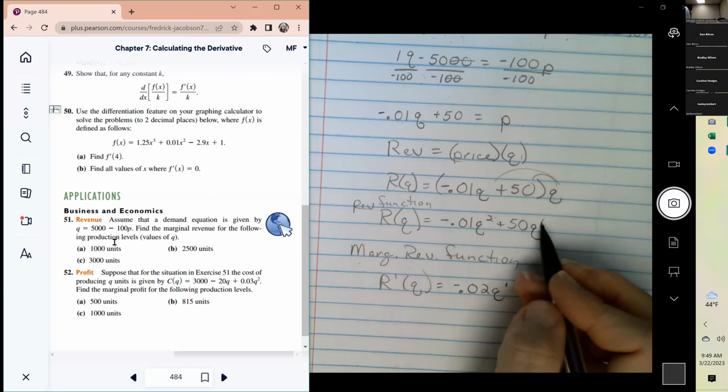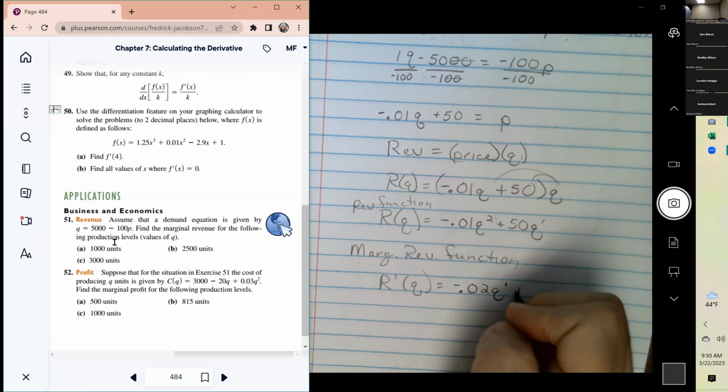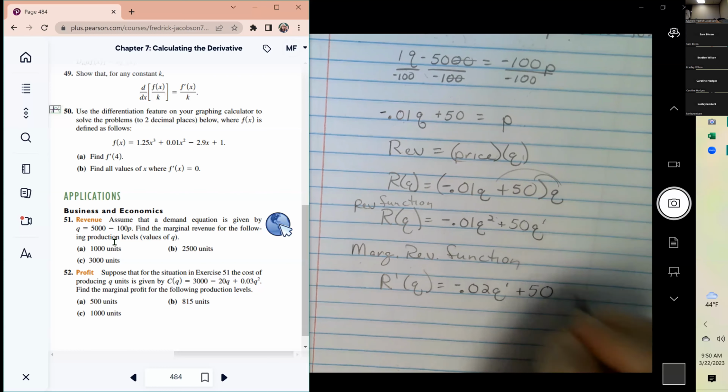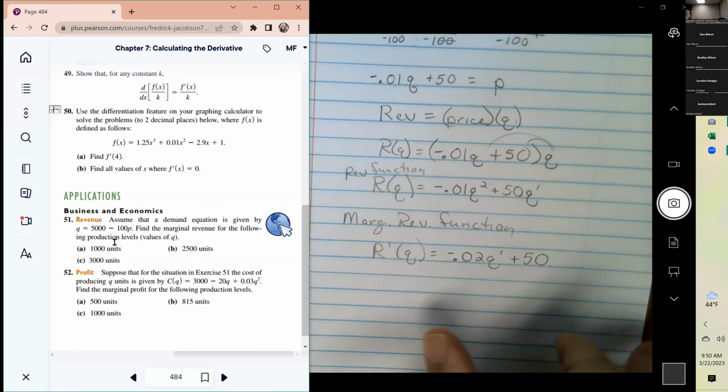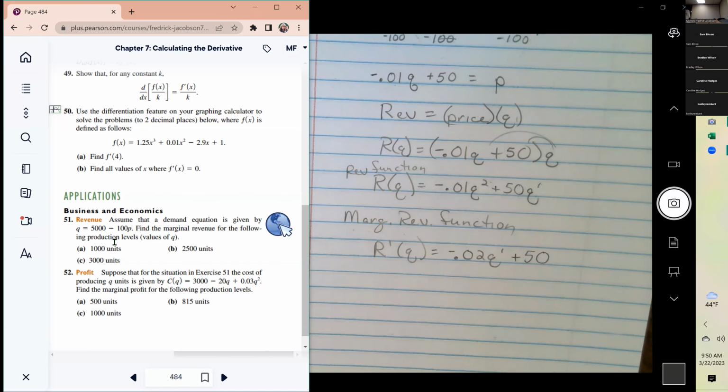And then this is a 1. 1 times 50 is 50. Q to the 0 drops off. That's your marginal revenue function. And then you just plug in all the values.